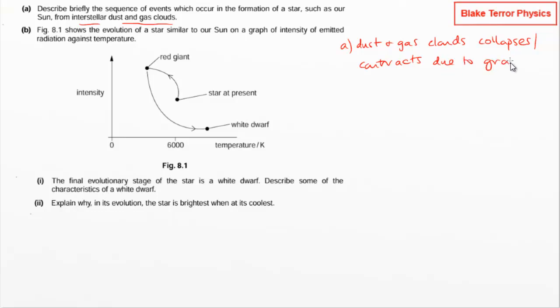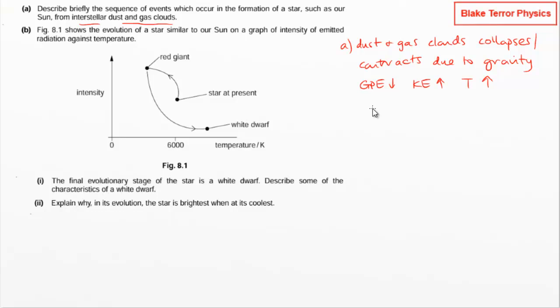Then let's talk about the energy. This is a process driven by forces, so it's going to change energy. We want to say that the gravitational potential energy goes down, the kinetic energy goes up, so the temperature goes up. This is what's happening in collapse.